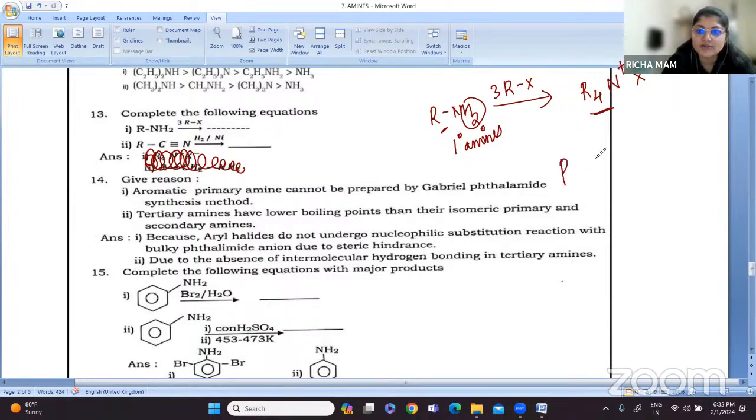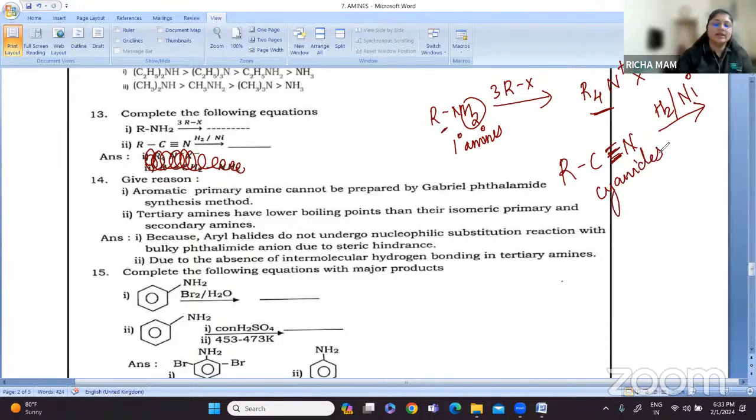Then your cyanides, when we are doing a reduction reaction, that is hydrogen in the presence of nickel catalyst, what will you get? How can you convert your cyanides? You are doing reduction with the help of H2 in the presence of nickel.